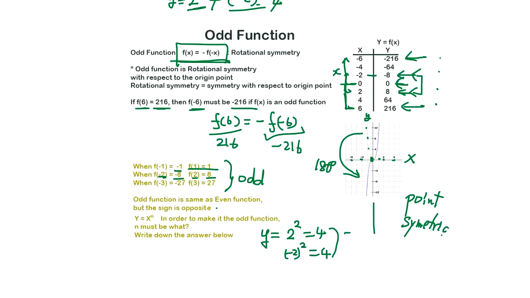This is an even function, right? If the power is 3, then 2 gives 8, and negative 2 gives negative 8. So this is an odd function.